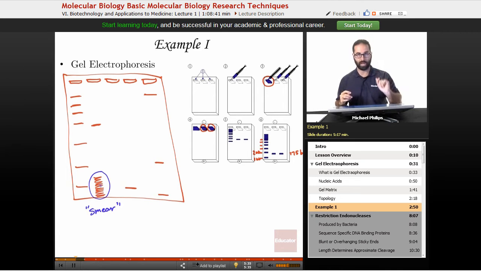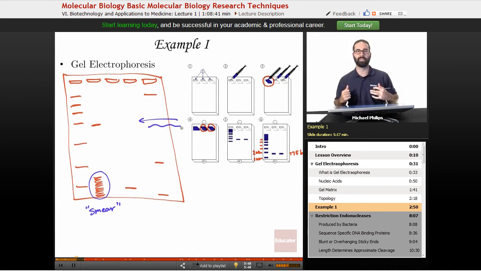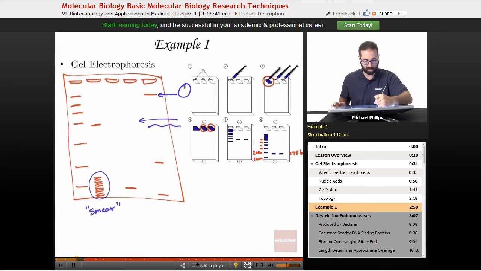To understand that, let's talk about this. If this would be your linear DNA, that's where we would expect this piece of DNA to run. Over here, this is going to be your circular DNA.